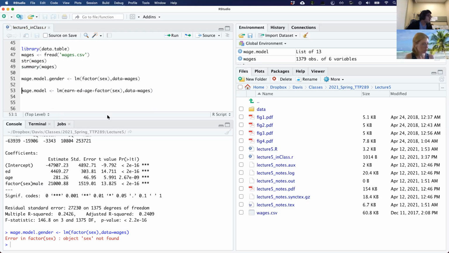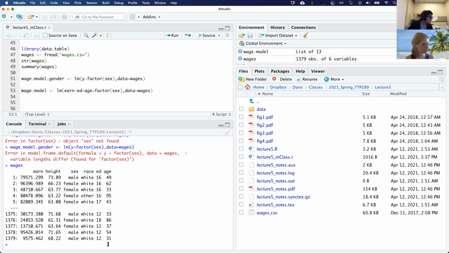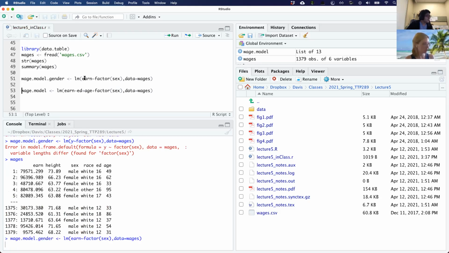What's going on here? Oh no, what's going on? Wages. Oh, sorry. Okay, wage model gender.